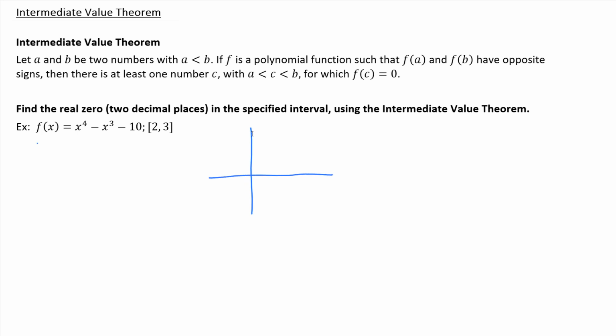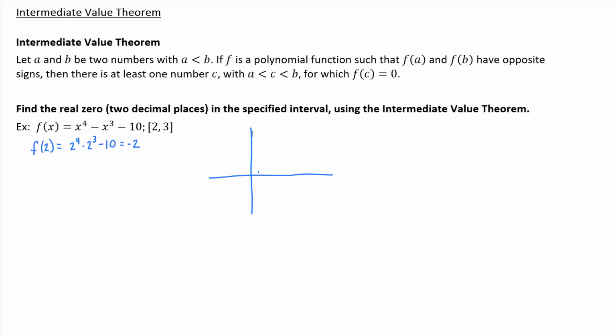We know that at f of 2, if we plug 2 in for x, we end up with 2 to the fourth minus 2 cubed minus 10, which is just negative 2. So when x is 2, we get negative 2.